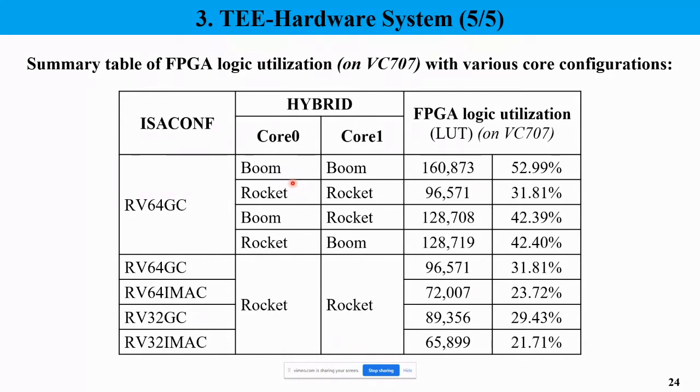So if I'm not mistaken, those use 1024 TLB entries with a much bigger cache. I think it's 32 or 64 kilobytes of data cache. It's possible. I mean, we even have more room for putting more implementation.